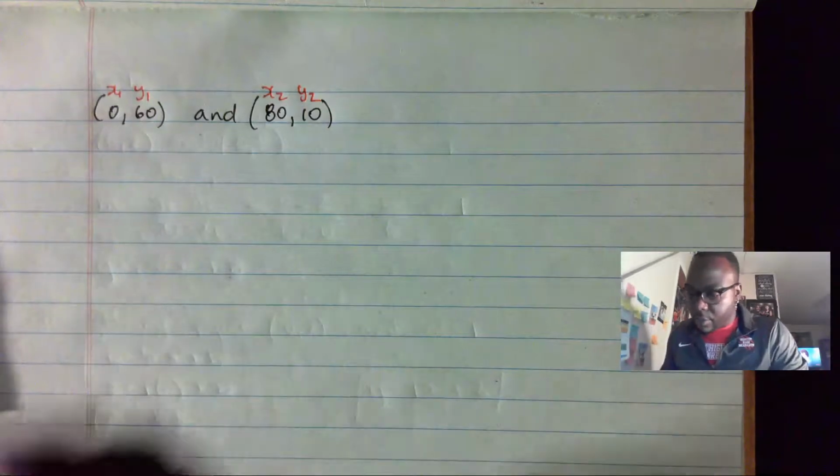And again, what we're going to do is identify my points here, which are x1, y1, x2, y2. So these are my points now. What am I going to do now? I'm going to go ahead and start solving. So m, as we know, is y2 minus y1 over x2 minus x1.